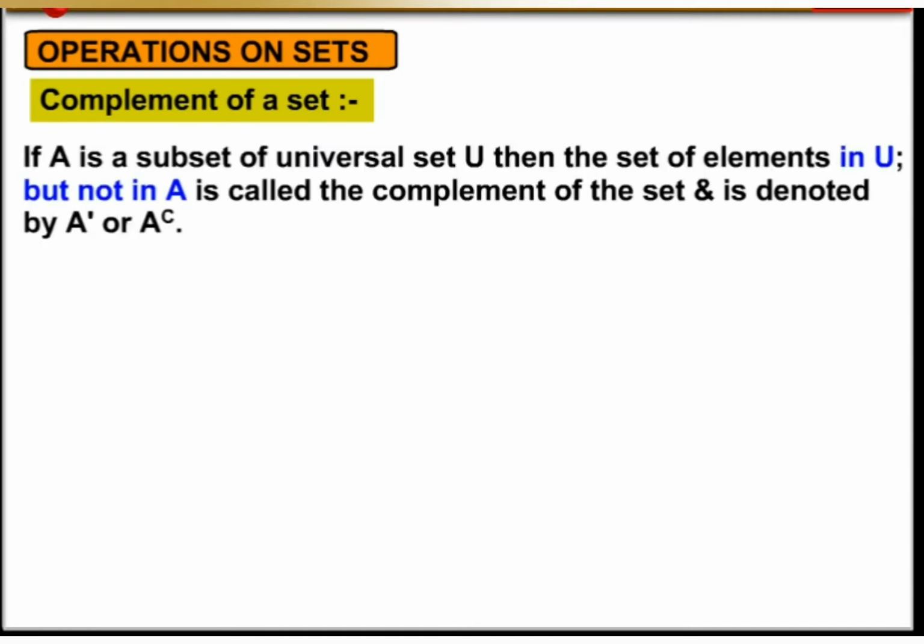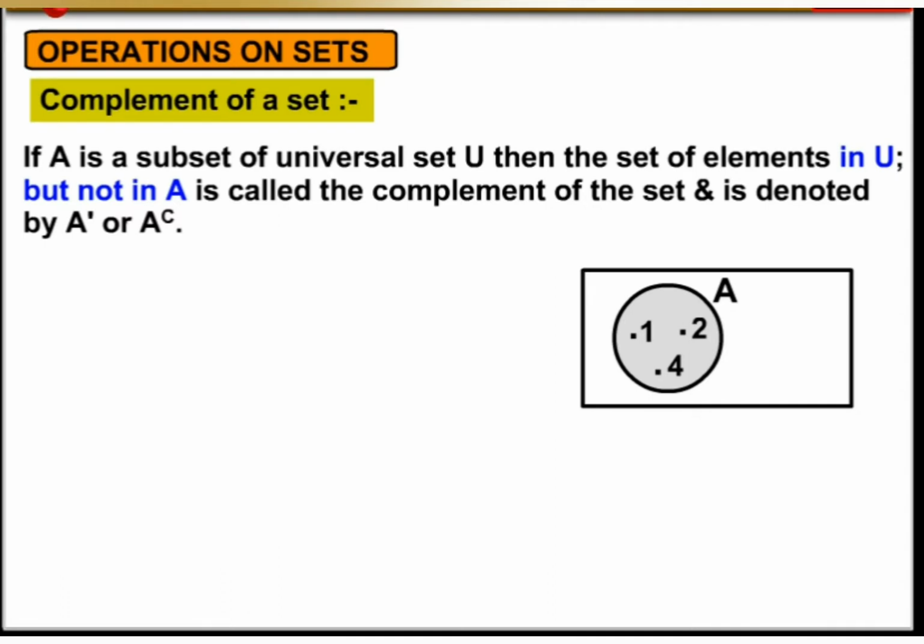Now let us learn the operations on sets. Complement of a set. If A is a subset of the universal set U, then the set of elements in U but not in A is called the complement of the set A and is denoted by A dash or A complement.